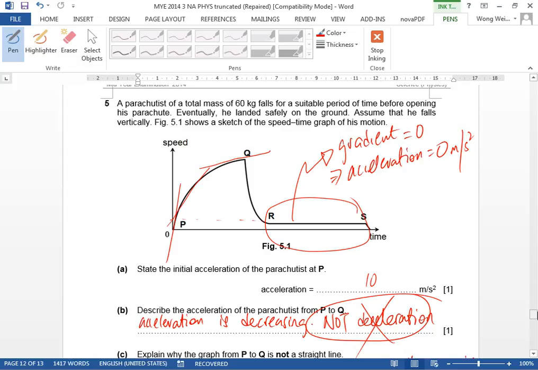Now, it is a different case. From R to S, this is what it looks like. Weight downwards. The weight doesn't change. And now, we say that the air resistance changes according to speed, right? So now this air resistance is going to be smaller because the speed has already decreased.